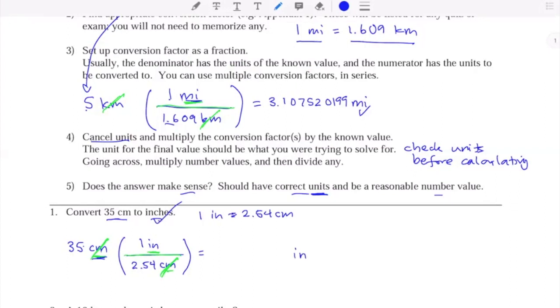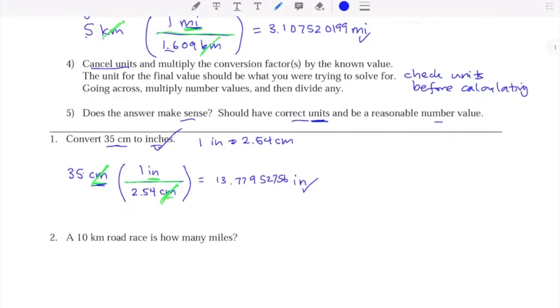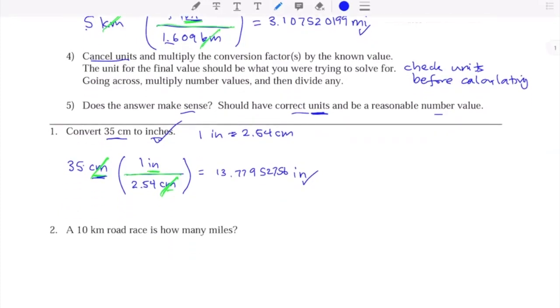I'm trying to get to inches. Once the units check out, then you can go to the calculator. So this is going to be 35 times 1 divided by 2.54, which is 13.77952756.